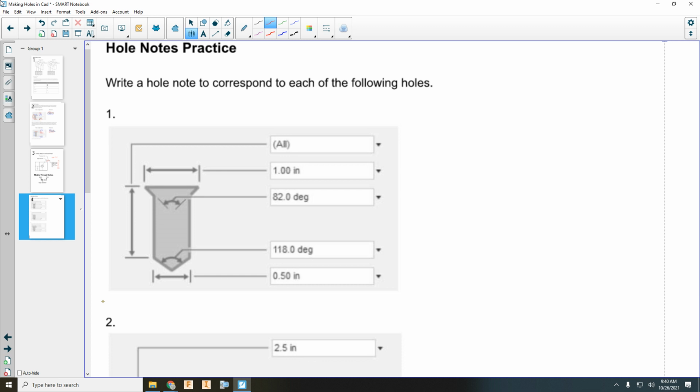First of all, what kind of hole is it on number 1? Countersink. So if you need to look at your example for a countersink, look at your example.